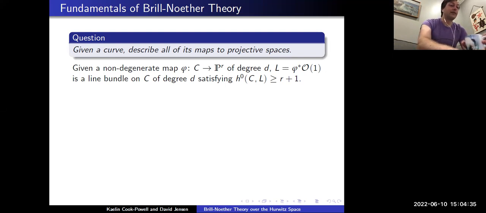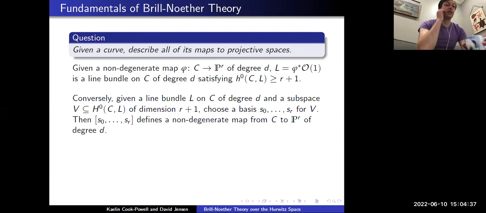Conversely, if I give you a line bundle and a subspace of global sections of that line bundle, then you can choose a basis for that subspace, and you get a map from the curve to projective space by coordinate-wise plugging in that basis.